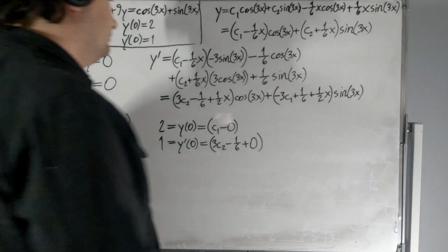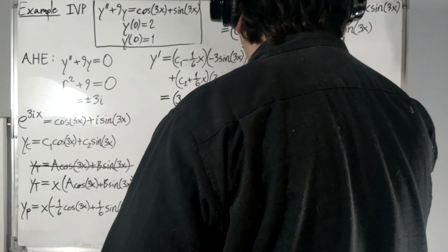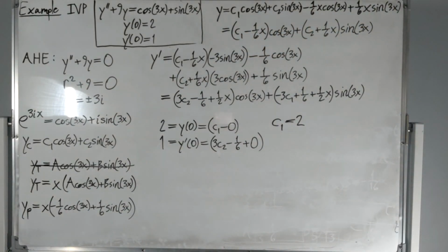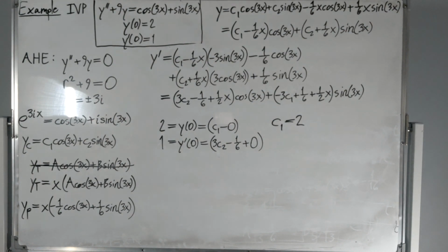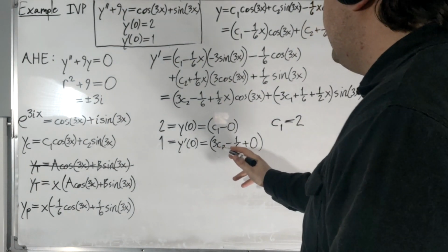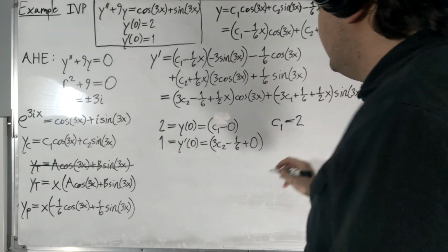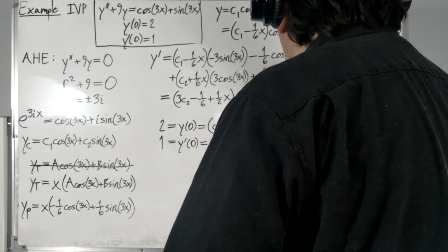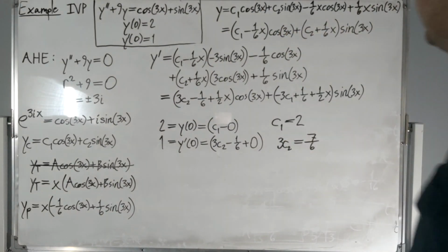All right. Well, that makes it pretty clear, first of all, that c1 is 2. Next up, 3c2 minus 1/6 is 1, so therefore 3c2 is equal to 1 plus 1/6.